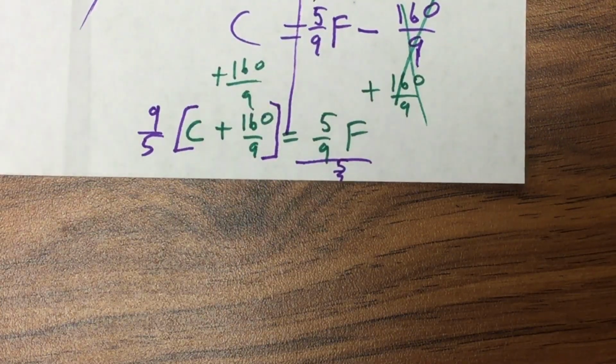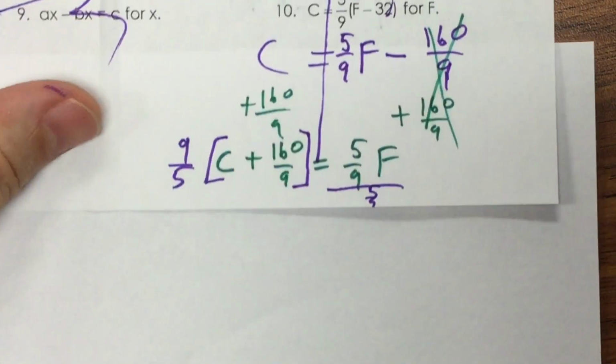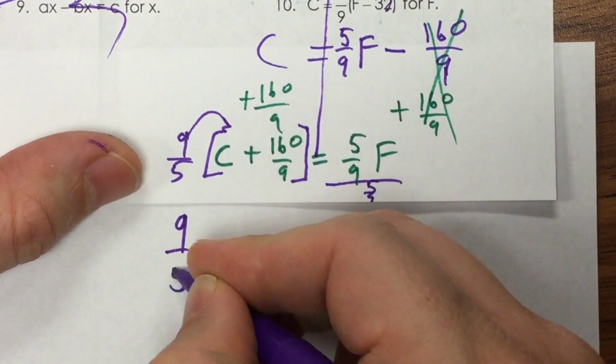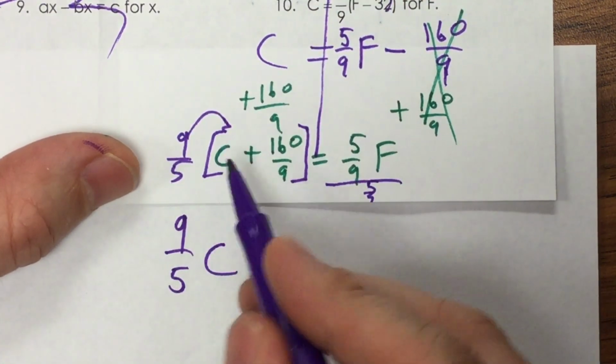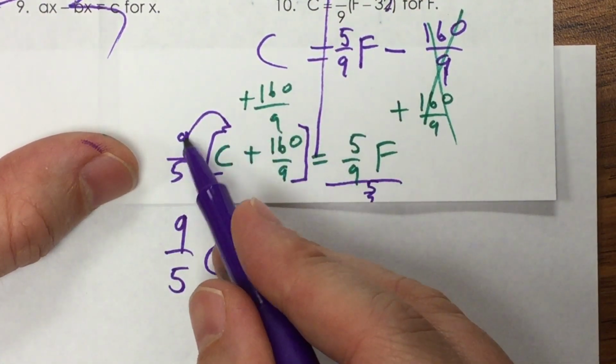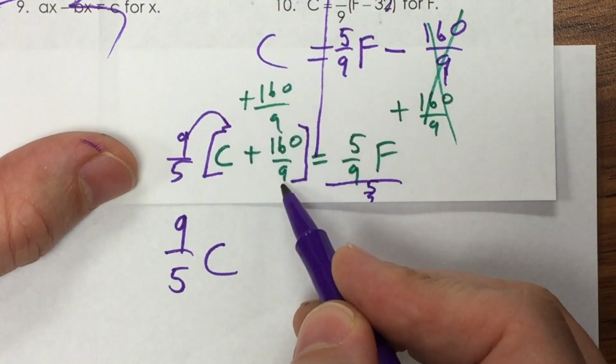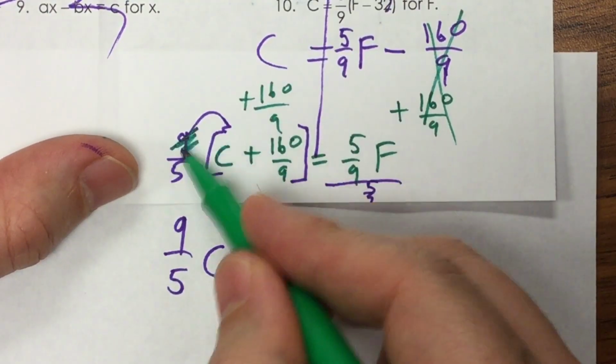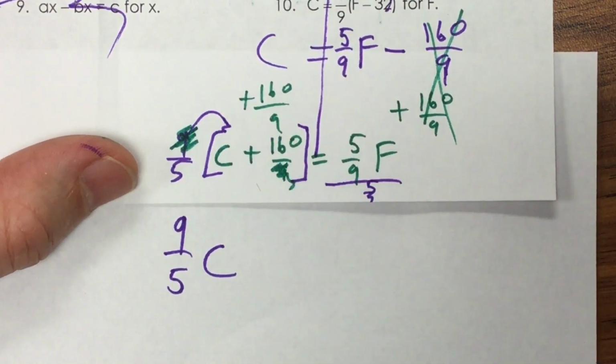I'm out of room here. Let me see if I have a piece of paper to continue writing on. So, the 9/5 distributes, I get 9/5 times C is 9/5 C. And when I multiply these two guys, 9/5 and 160/9, these guys cancel because 9 divided by 9 is 1. It's gone.